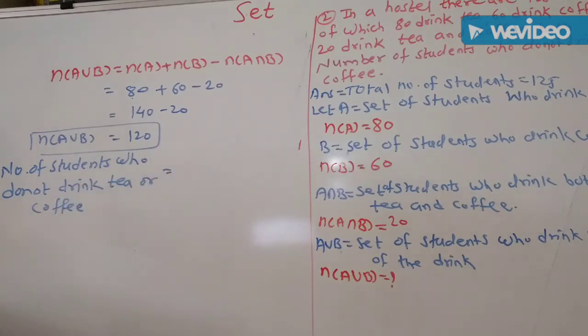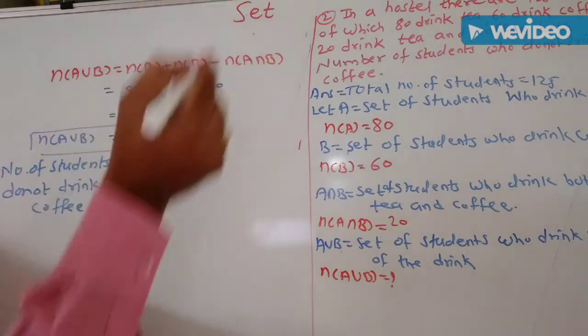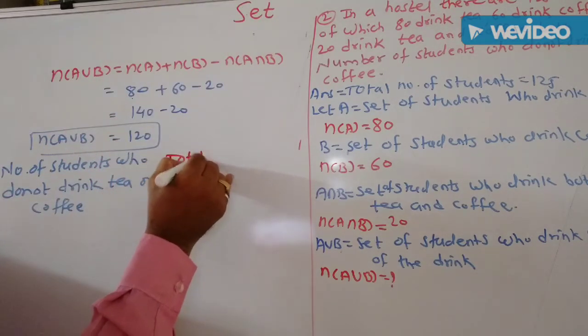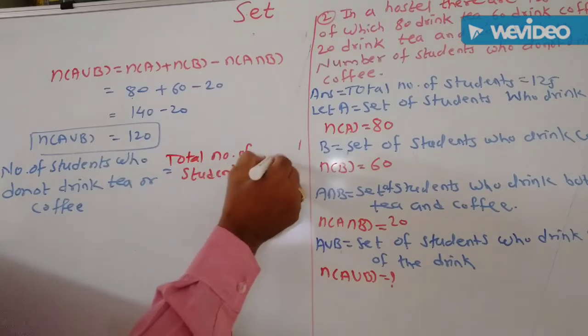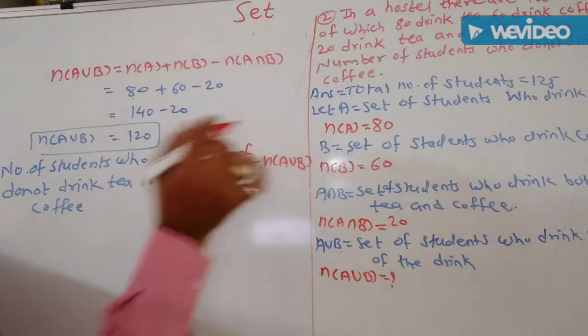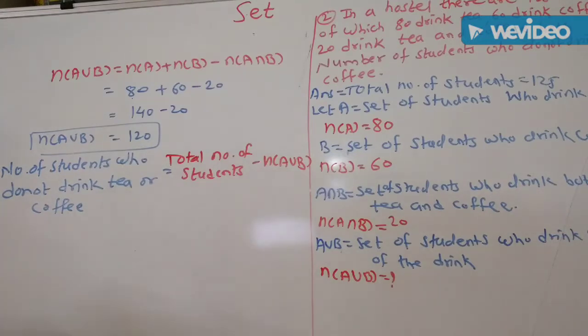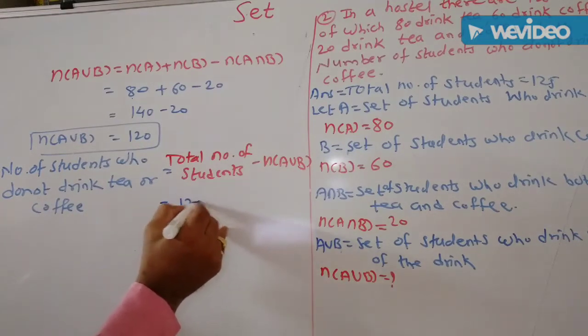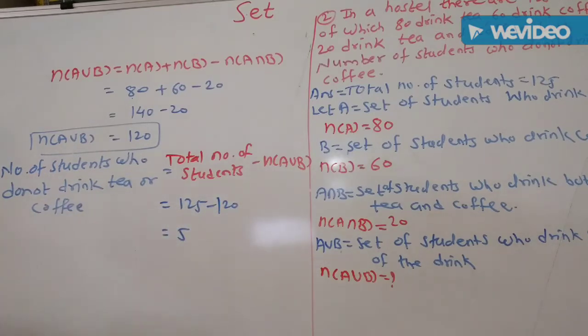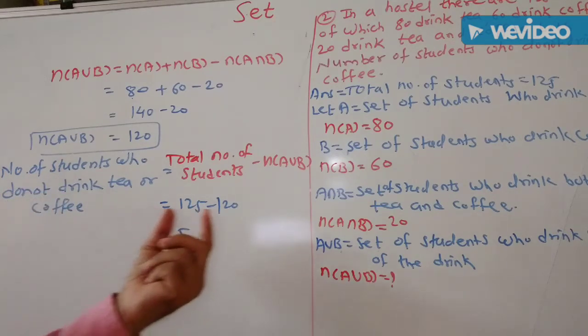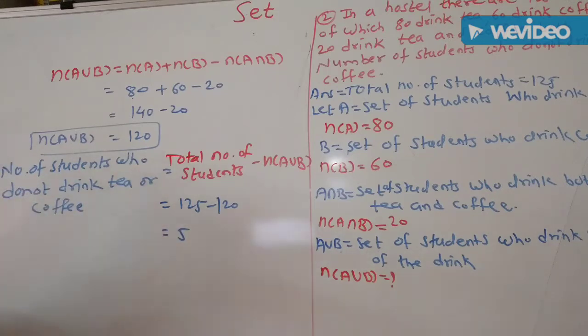We find this as the subtraction: total number of students minus number of A union B. Now total number of students are given 125 minus number of A union B 120, and remaining is 5. That means the 5 students do not drink tea or coffee, and the remaining 120 students drink either tea or coffee. Again we see this example.